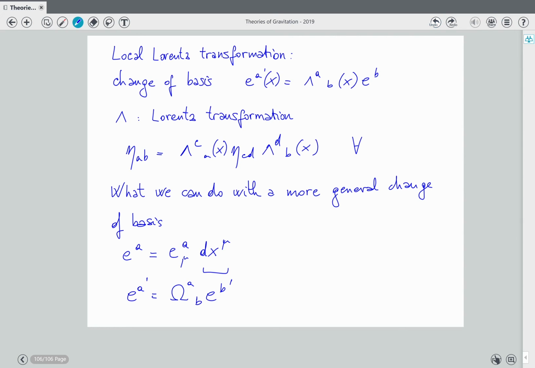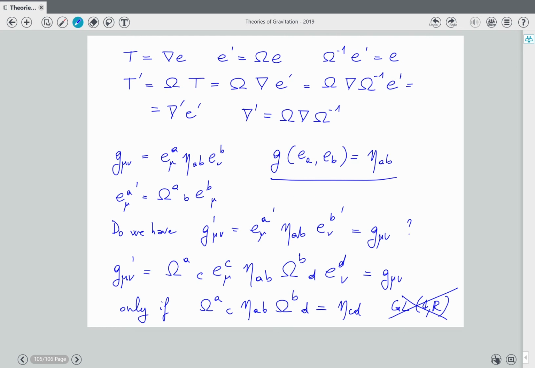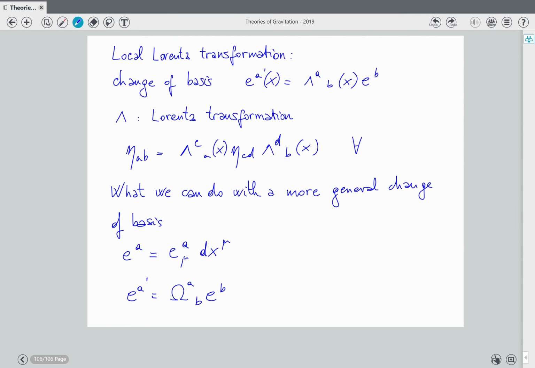This is a change of basis, because dx^mu are the differentials in the canonical basis of coordinates, and these are the differentials in the other bases. Of course, this is a transformation that's not a Lorentz transformation, and certainly it does not leave the metric diagonalized. Indeed, the metric becomes g mu nu of x. So it changes.